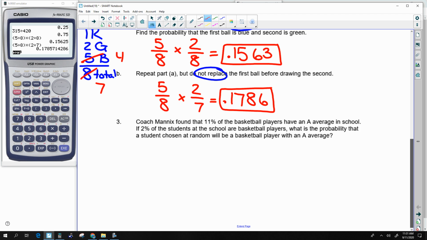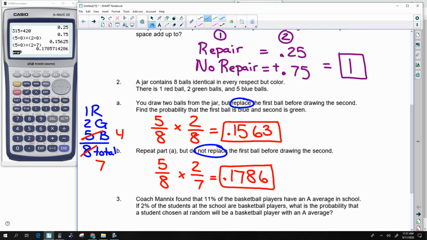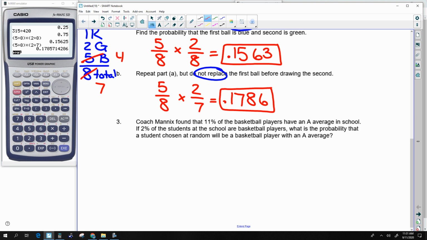Coach Mannix is making his basketball team or something, with basketball players with A's. This problem is, in essence, asking what is the probability that a person is a basketball player and has an A?